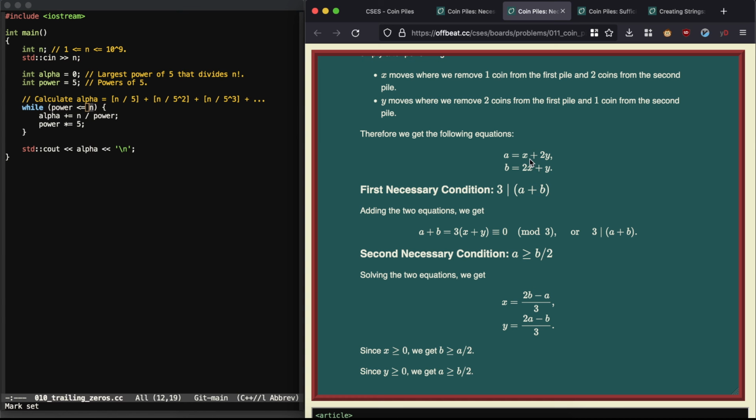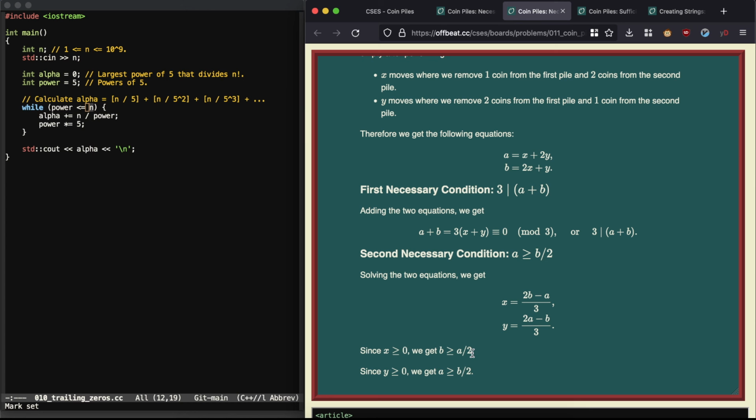It's just plain, straightforward solving of a system of equations. Let's take a look at the first equation. Since x is greater than or equal to 0, which means 2b minus a is greater than or equal to 0, which means b is greater than or equal to a by 2.